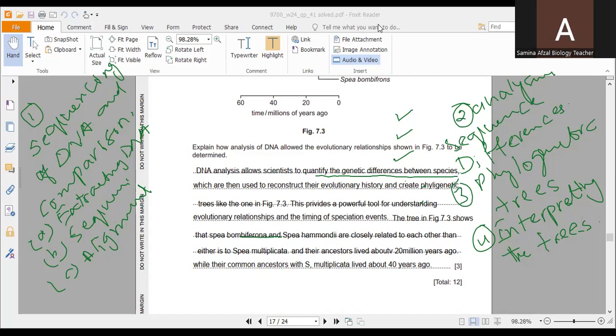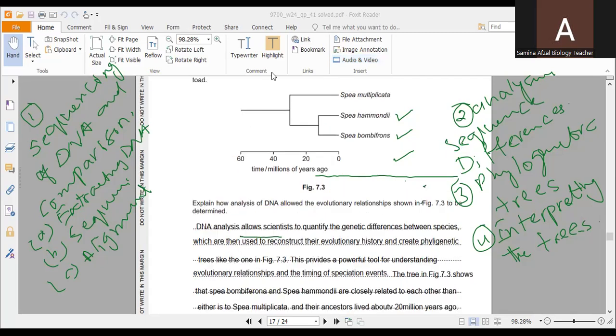These are then used to reconstruct their evolutionary history and create phylogenetic trees like the one in figure 7.3. This provides a powerful tool for understanding evolutionary relationships and the timing of speciation events.